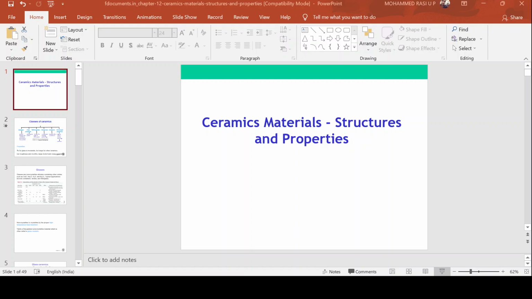Another type of ceramic that you will be familiar with is the ABX3 crystal structure, which we call the perovskite structure. A classic example of that is barium titanate.